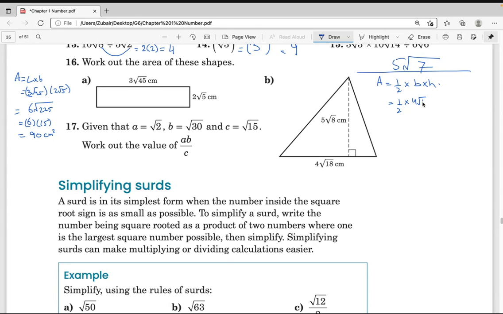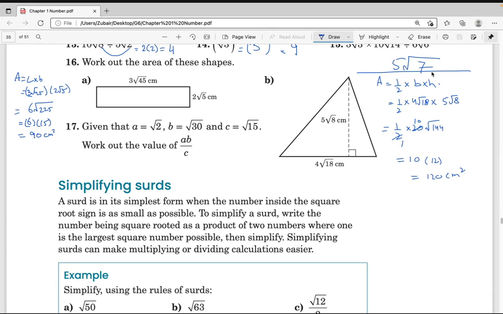Base is 4 square root 18 and height is 5 square root 8. 4 times 5 is 20, 18 into 8 is 144, and half of 20 is 10. Square root 144 is 12. So 120 centimeter square.